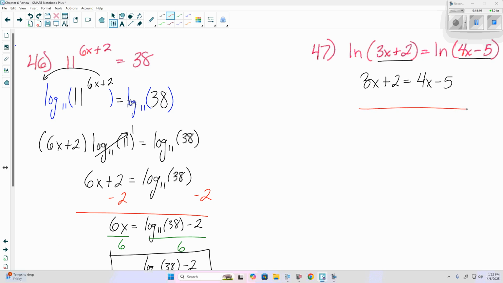X isn't to a power, so we just need to solve for x. Minus 3x from both sides telling us 2 is equal to x minus 5. Add 5 telling us x is equal to 7.